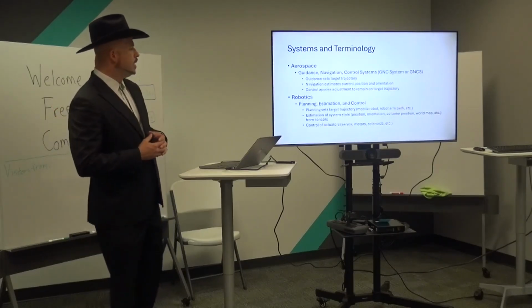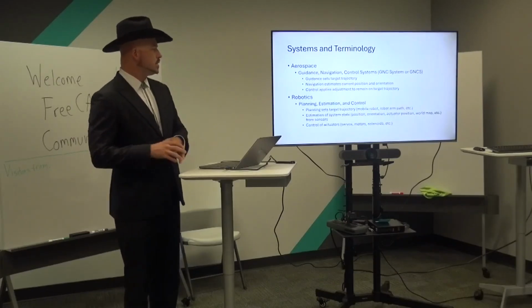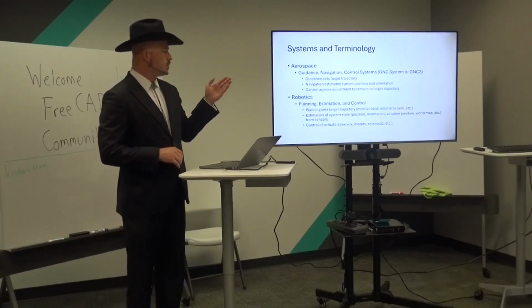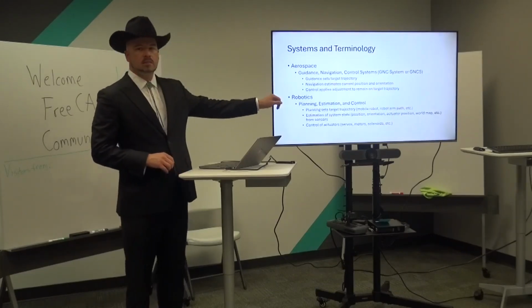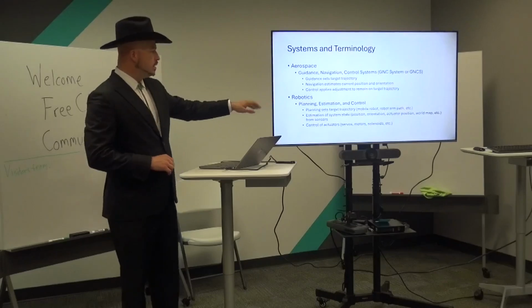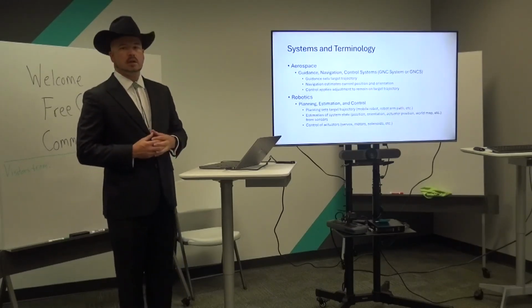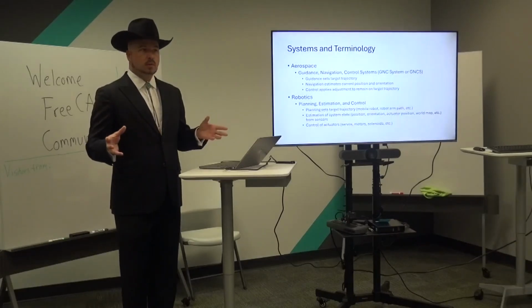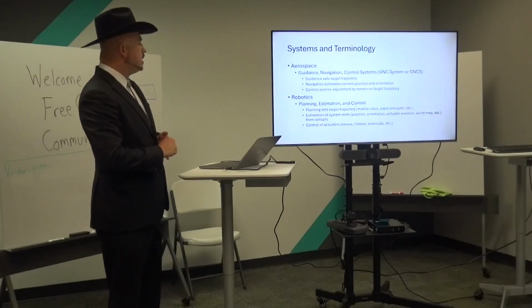target trajectory. In the robotics world, we often adapt this for other systems, not just aerospace or naval environments, where we worry more about planning, estimation, and control again. Planning is, again, setting your target trajectory. This might be a mobile robot, or a pick-and-place arm or something to that effect.